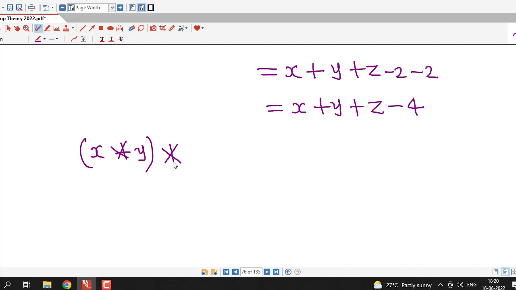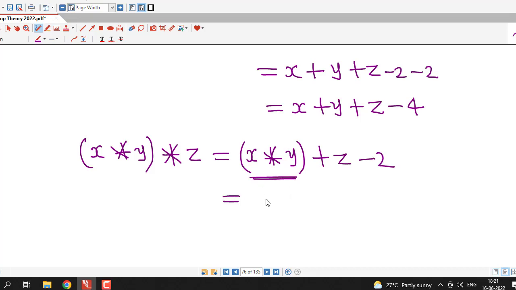Now we consider x star y star z. Again by definition of binary operation, this is x star y, that is first element, z is the second element, minus 2. Now again we use the binary operation. X star y can be written as x plus y minus 2 using the given binary operation, plus z minus 2.